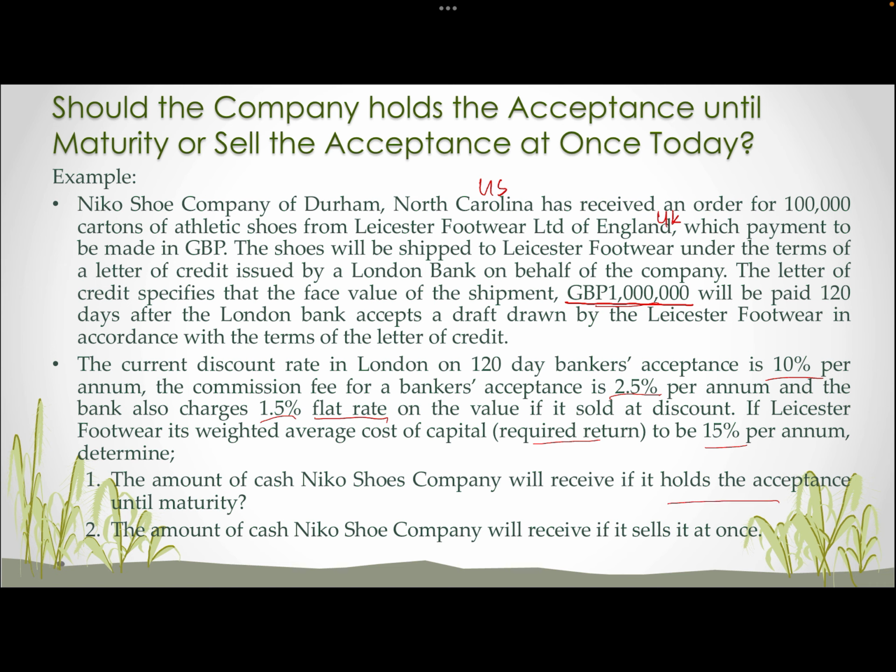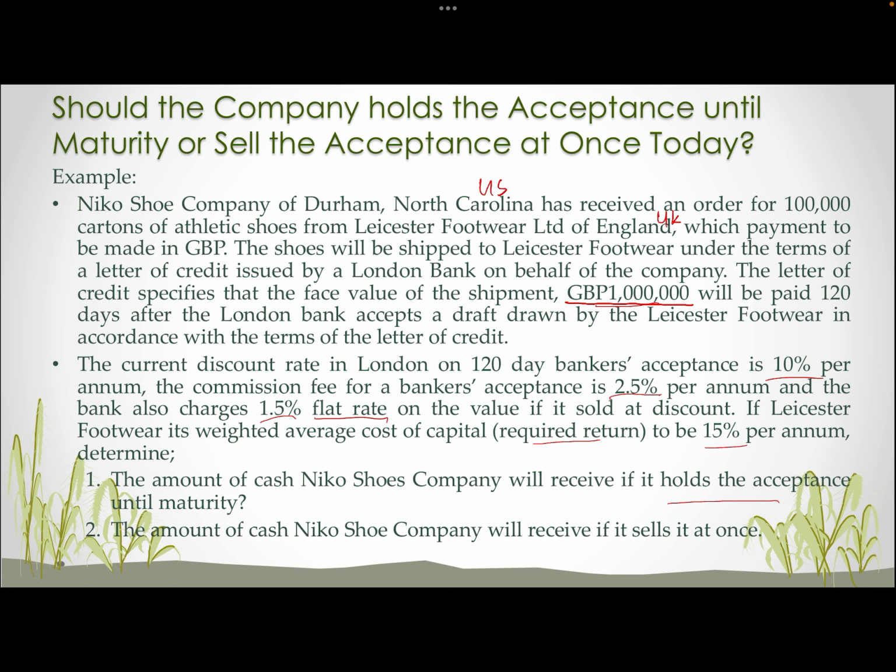So now Nico Shoe will get the letter of credit from Leicester. £1 million, but the maturity is 4 months. So when Nico Shoe gets the letter of credit, should Nico Shoe hold the acceptance until maturity, hold until 4 months, or just sell today?